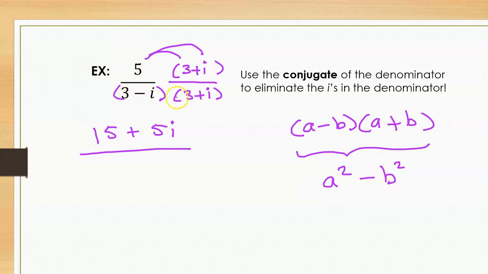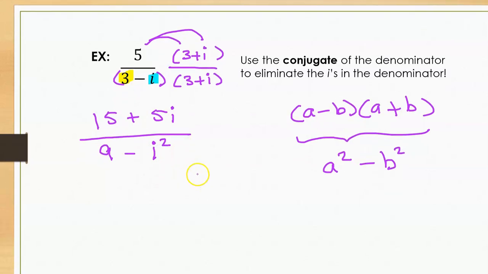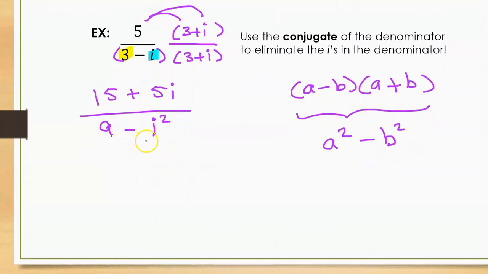So in this case, I'm just going to go straight to A squared minus B squared. So my A is 3, and my B is i. Okay, so I'm going to go straight to A squared minus B squared, which is going to be 9 minus i squared. But of course, i squared is -1.